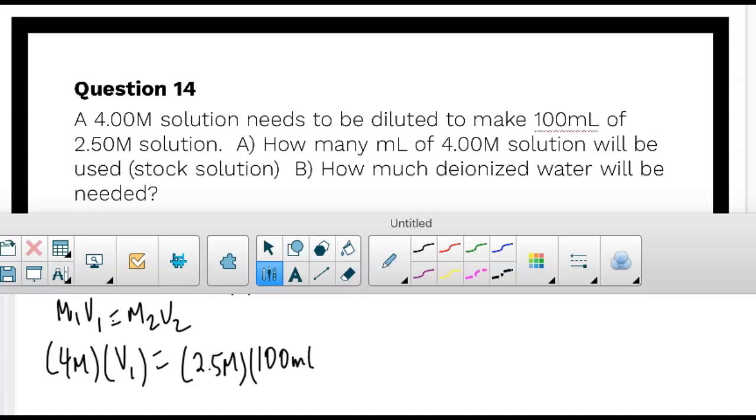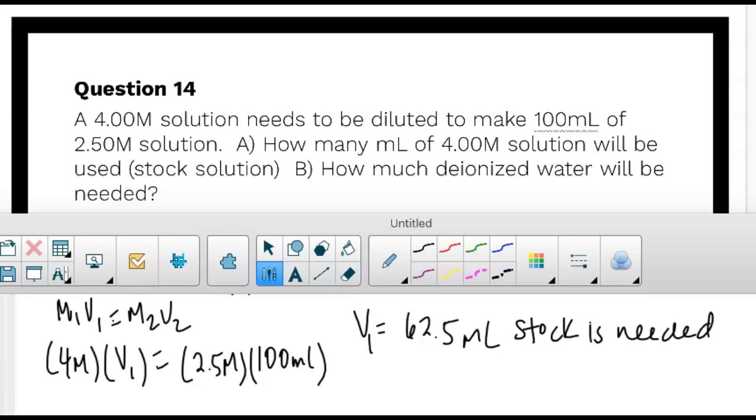So we're going to put that. And when you solve for V, you're going to get 62.5 milliliters. So that's how much stock is needed, right? And then you're going to add water until it reaches the 100 milliliter mark, and that's how you make your solution, related to the lab we did.